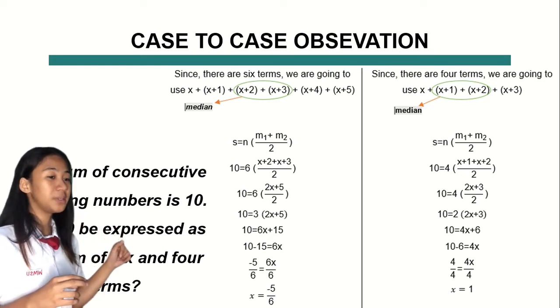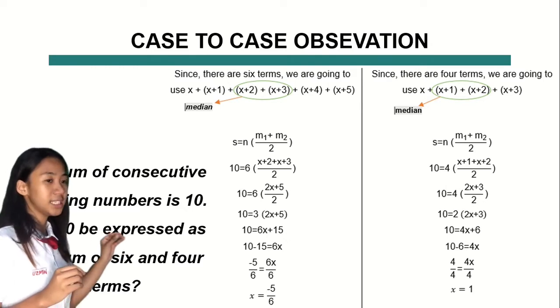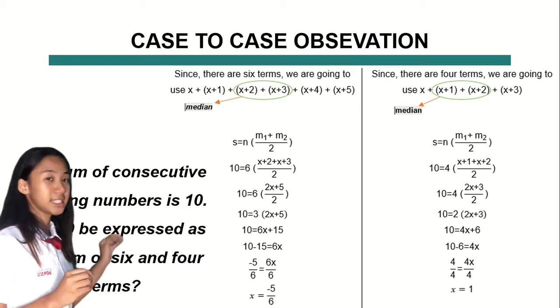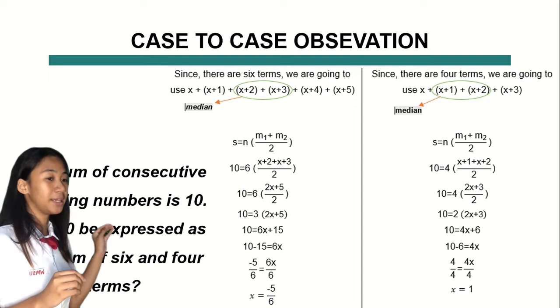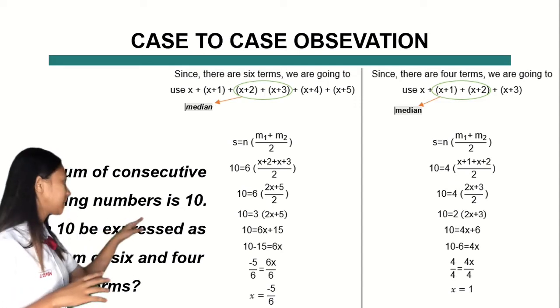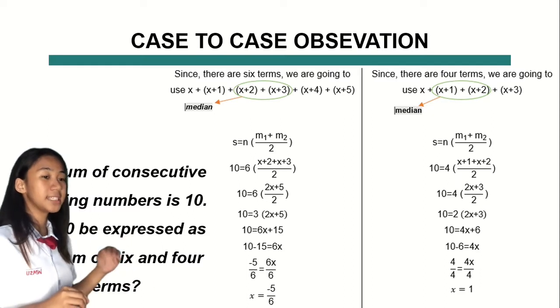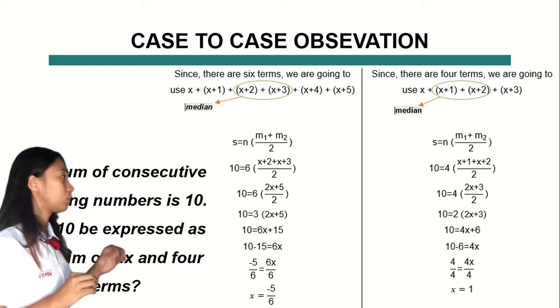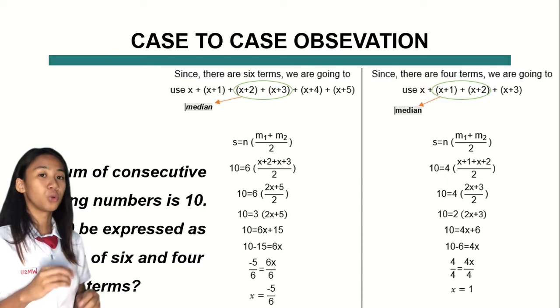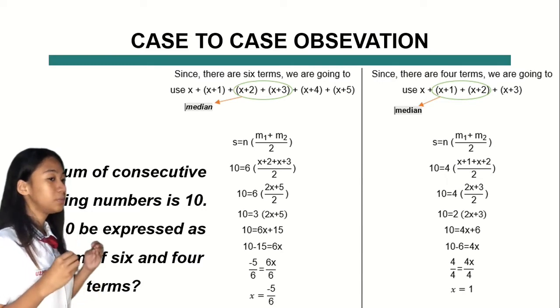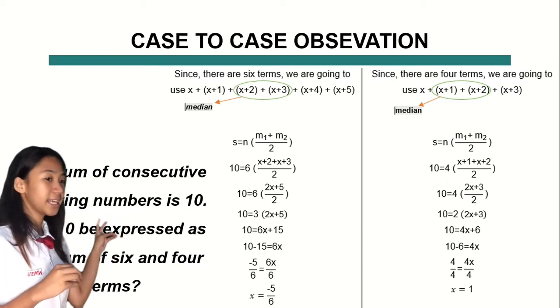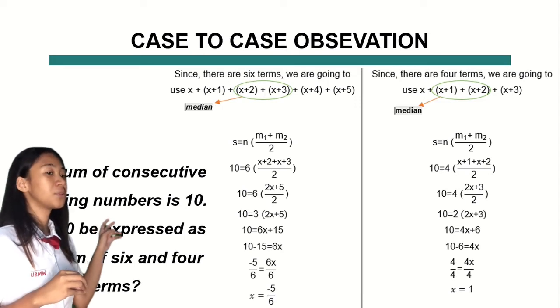So we obtain 10 is equal to 6 multiplied by 2x plus 5 divided by 2. We cancel 6 and 2, so we now have 10 is equal to 3 multiplied by 2x plus 5. So 10 is equal to 6x plus 15.